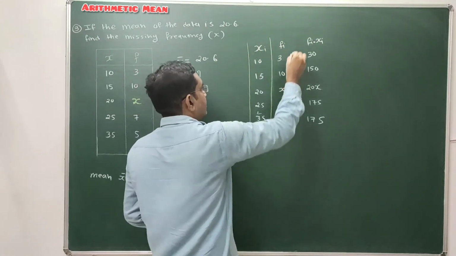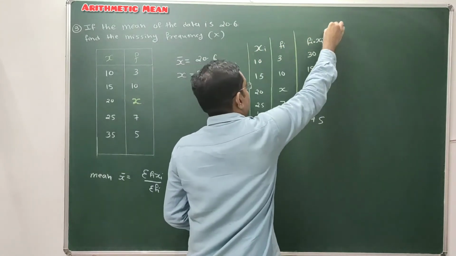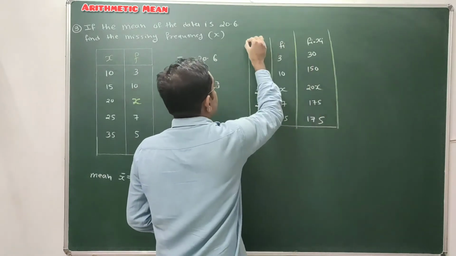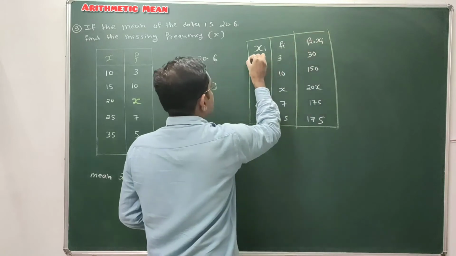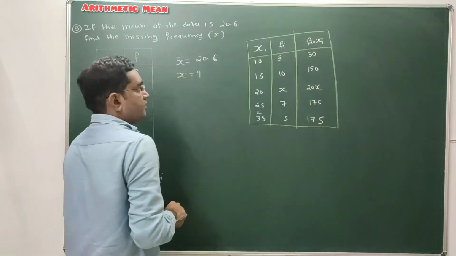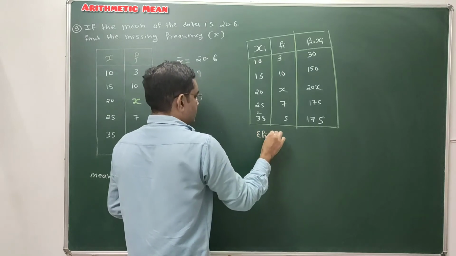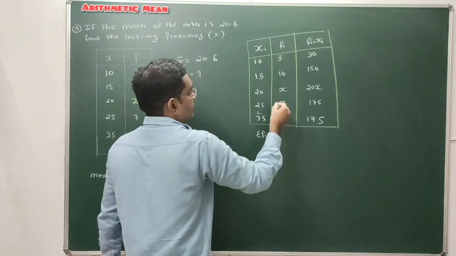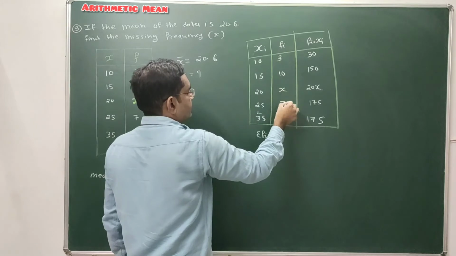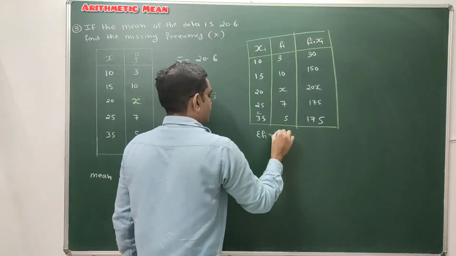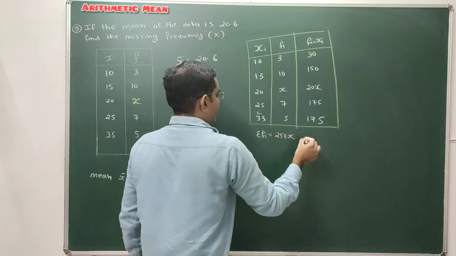Draw this table by using a scale and pencil. This table must be neat and clean. Done. So here we require sigma fi, the sum of these frequencies. It's 10 plus 3 is 13, plus 7 is 20, plus 5, plus x. So it's 25 plus x.